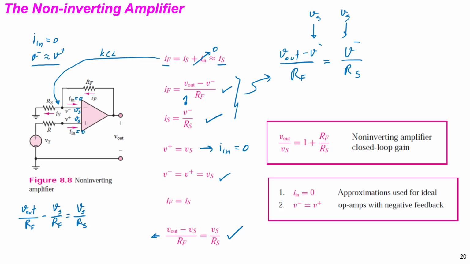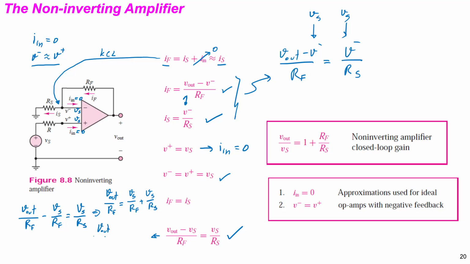Then take Vs to the same side. So V out by RF equal to these two terms added together: Vs by RF plus Vs by RS.